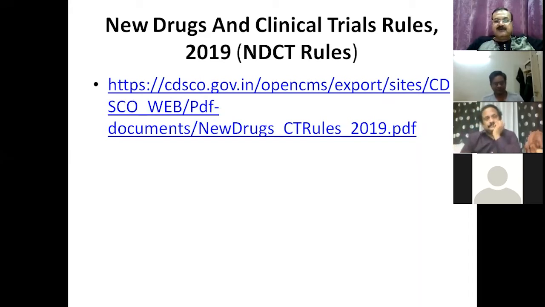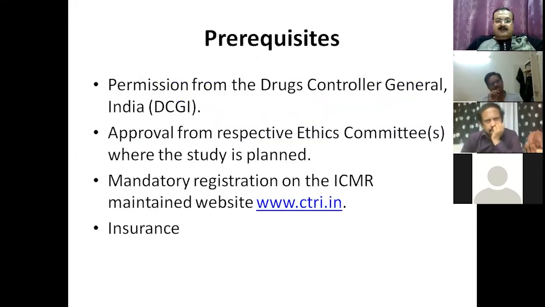It's a gazette notification, and you will get it from the CDSCO website. So what are the prerequisites for running a clinical trial? You have to have permission from the Drug Controller General of India. You have to have approval from your ethics committee where the study is planned.